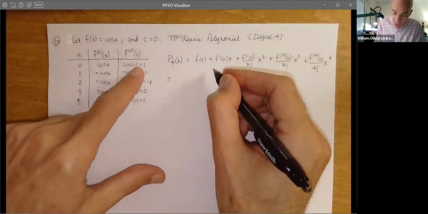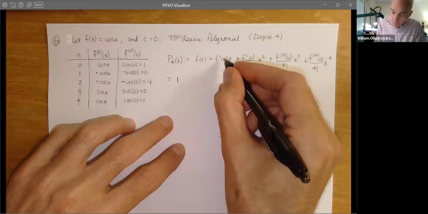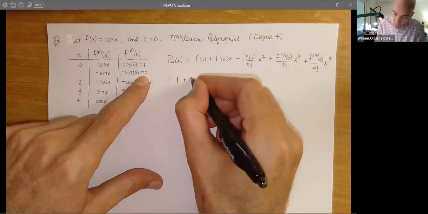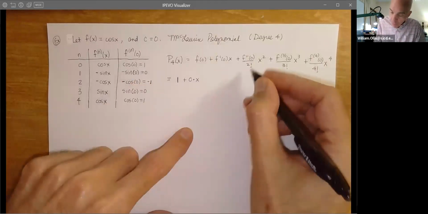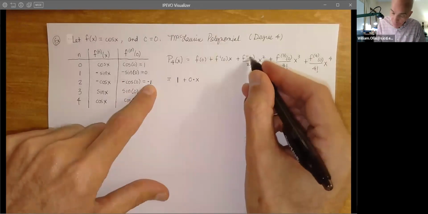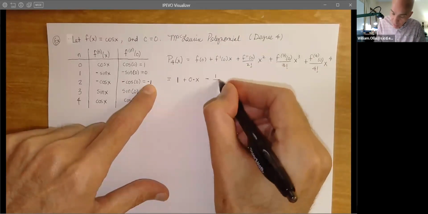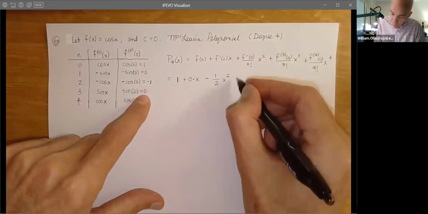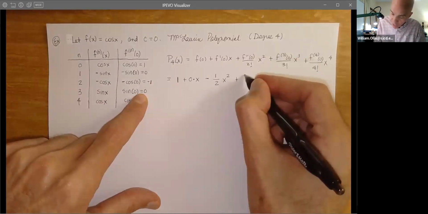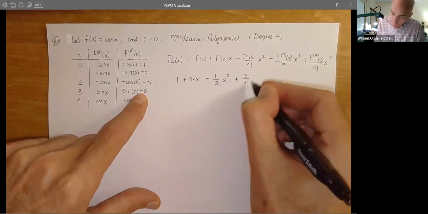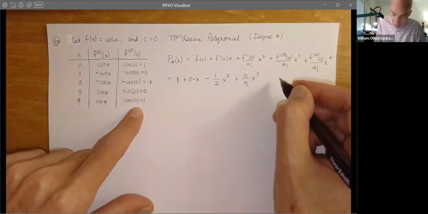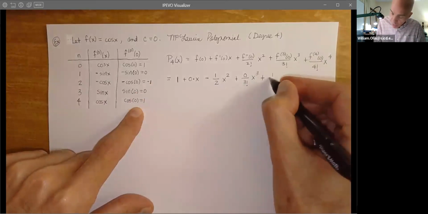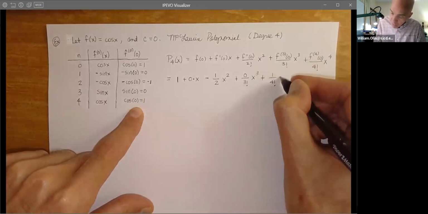Well, f of 0 is just 1. And then the next coefficient is 0, so we just get plus 0 times x. For the next coefficient, we have a negative 1, so we have minus 1 divided by 2 factorial, x squared. And then we have plus 0 divided by 3 factorial times x to the 3rd. And for the 4th degree term, we have plus 1 over 4 factorial times x to the 4th.